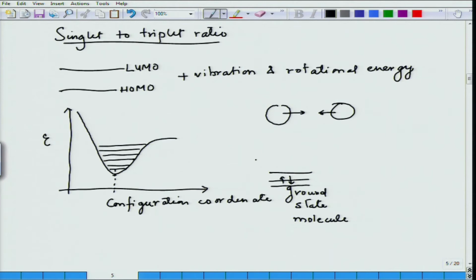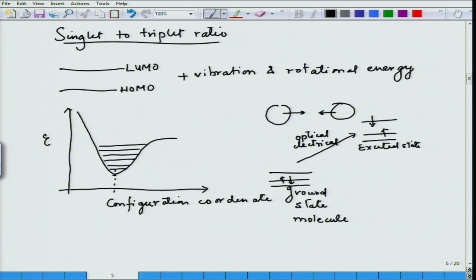Now, if I excite this molecule to an excited state, how can I do that? I can always shine light on the molecule, so you can do optical excitation, or like we do in the OLED, we can electrically bring electrons and holes which will form the exciton, and now this ground state will go to an excited state. Basically, we are saying that one of these electrons is going up to a higher energy, and now the molecule is in the excited state.